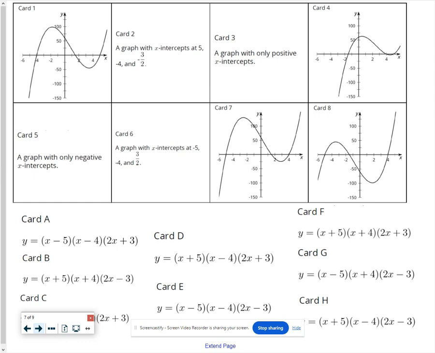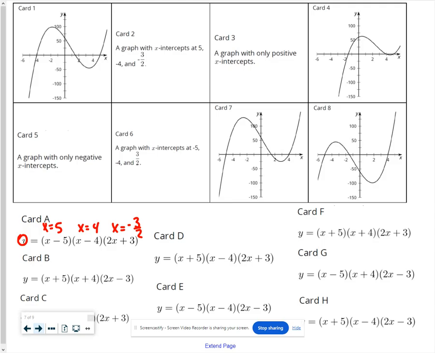So if the y, for instance, was equal to 0, then I could solve this and say, well, this would have an x-intercept then at +5, at +4, and 2x plus 3 equals 0, so I would change the sign on the 3, so it's a negative, divide by 2, that's going to be -3/2.